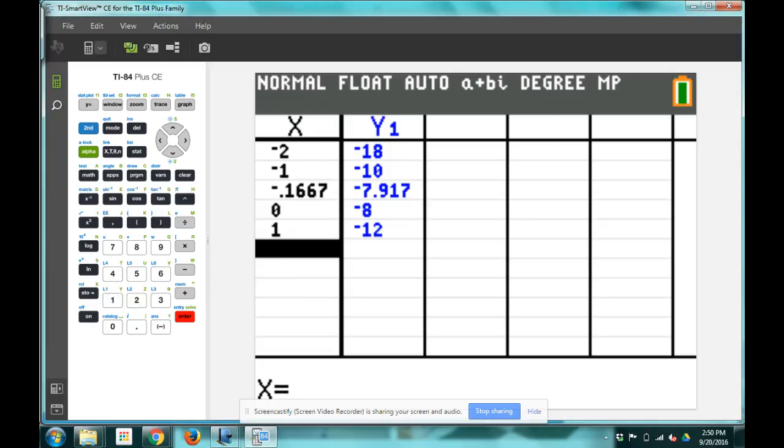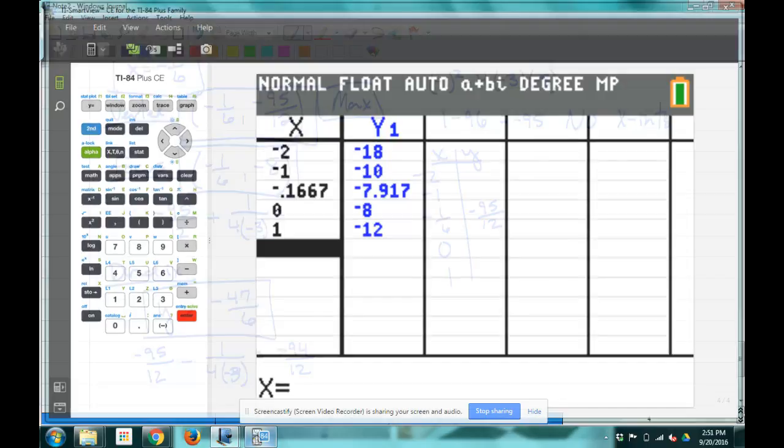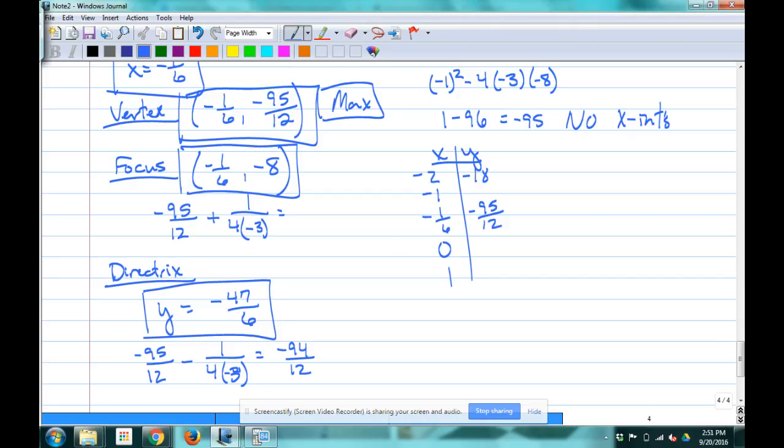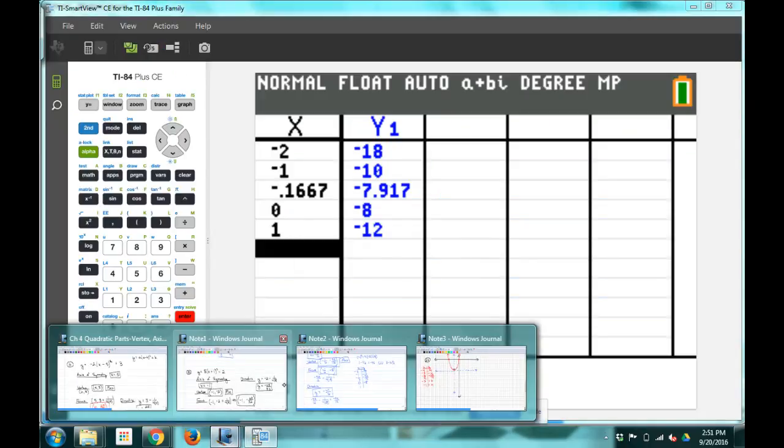Notice it's not that nice pattern like it's been, where you've got the same two numbers on top as you do on the bottom. That's because the vertex was a fraction. That's the reason that happens. Now, plot those points. That's all we've got to do. Negative 18, negative 10, negative 8, and negative 12.